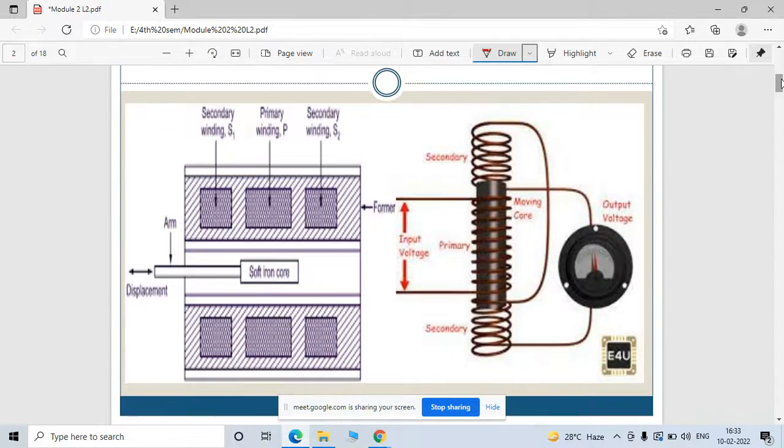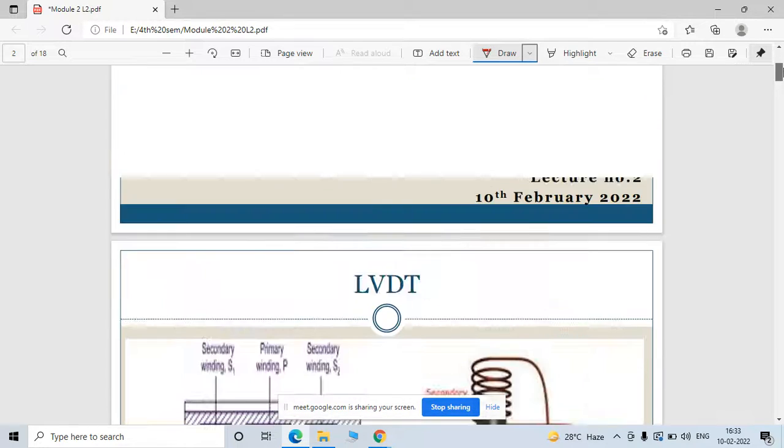First of all, what is the full form of LVDT?